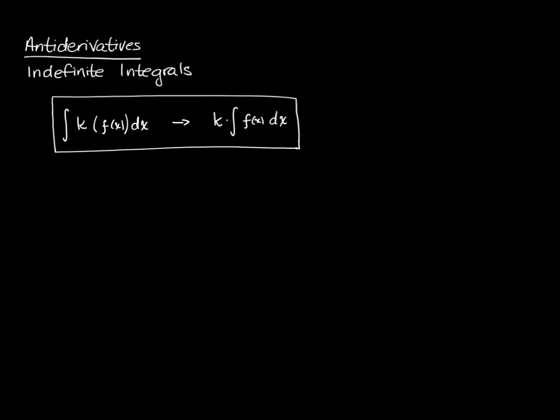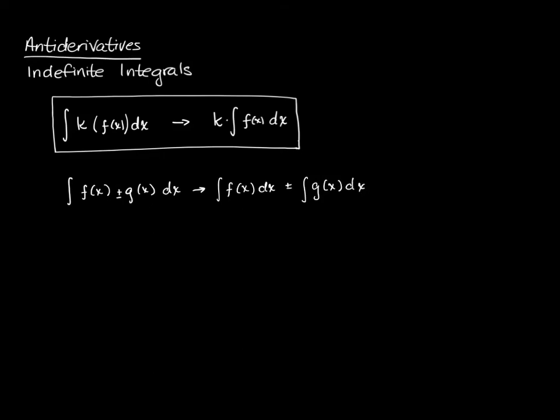Another property of integrals tells us that if what we want to do is integrate the sum of two functions, or the difference, I can achieve this by simply integrating the two functions separately and then adding or subtracting the results.